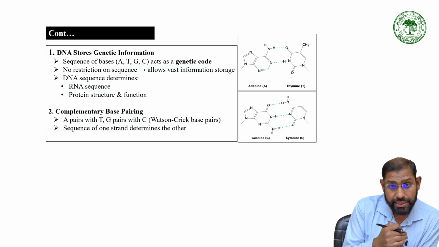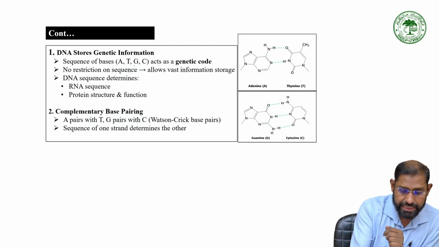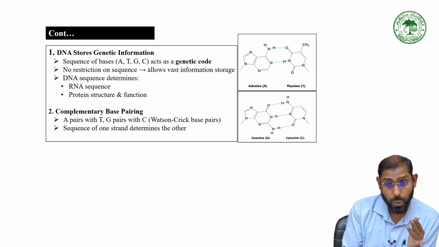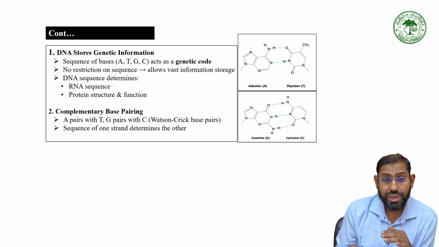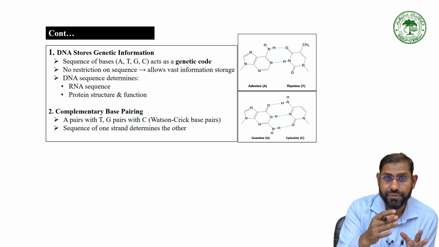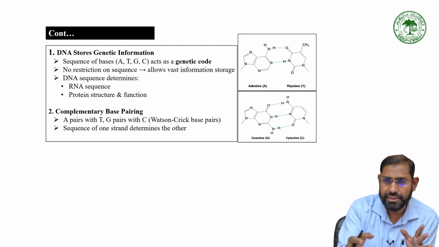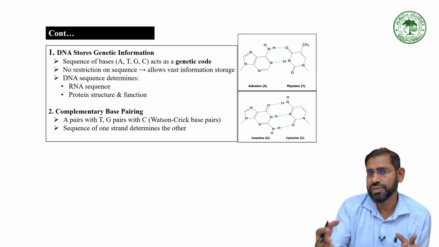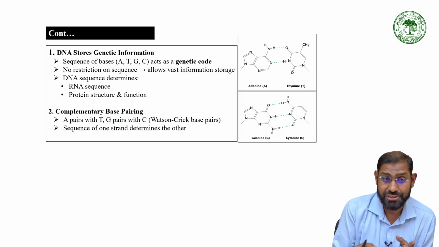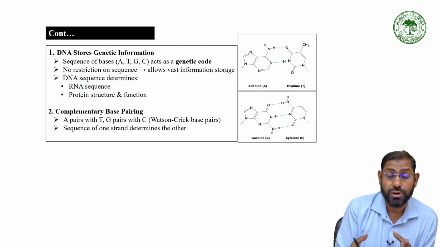DNA stores genetic information. The sequence of bases, A, T, G, C, acts as a genetic code, and there is no restriction on the sequences. Any base can follow any other, so A can be followed by T, C or G. This allows vast information storage.